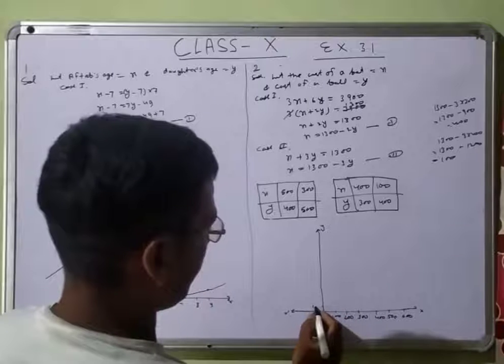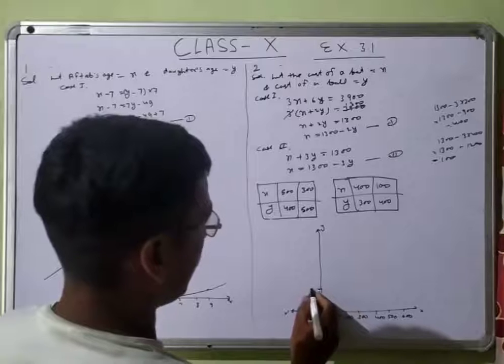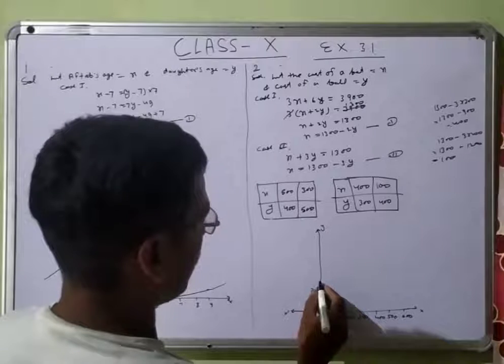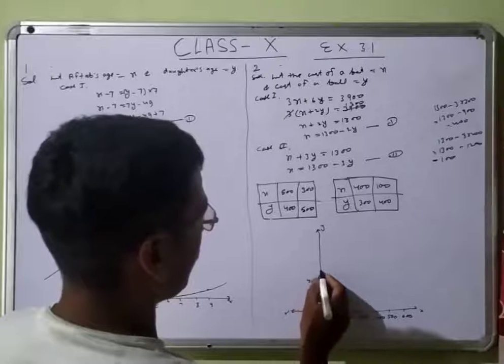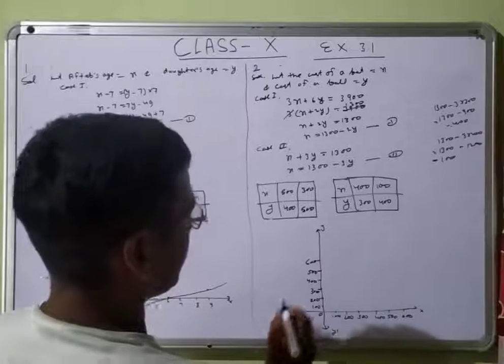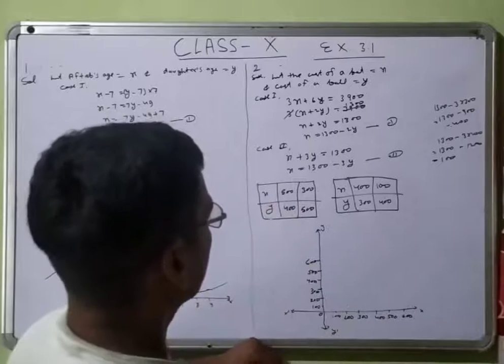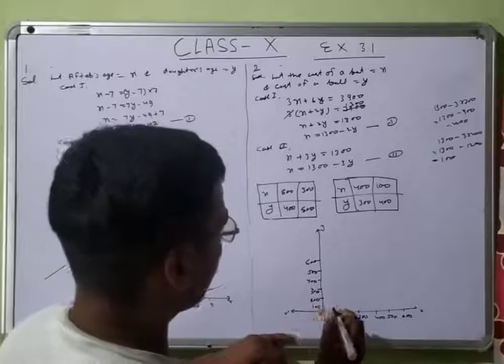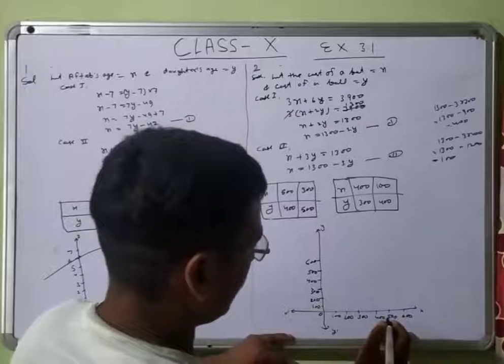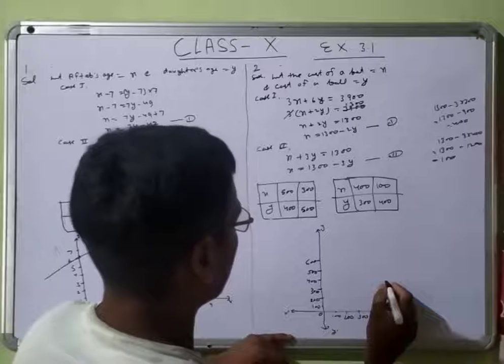Here 100, 200, 300, 400, 500, 600. Now for the first equation, that 500, 400, 500 and 400, that will be 1 point.